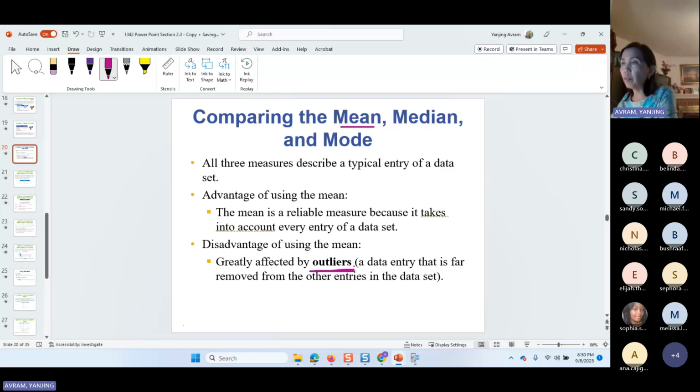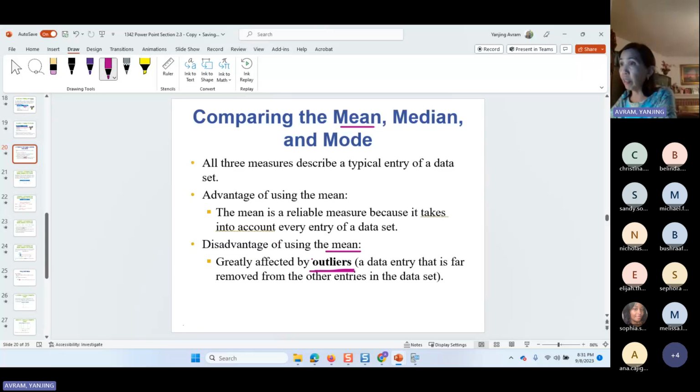If you include a really big number in the mean, everyone's average is going to be higher. If you include a really, really small number and then average it together, now this average is going to be much lower than a lot of people's values, right? So that means the mean is affected by outliers.